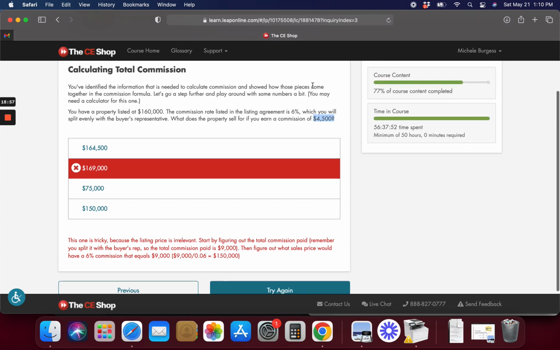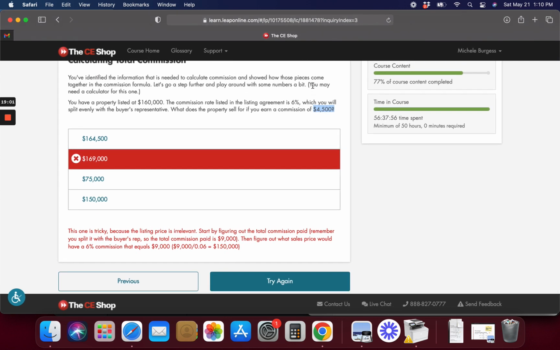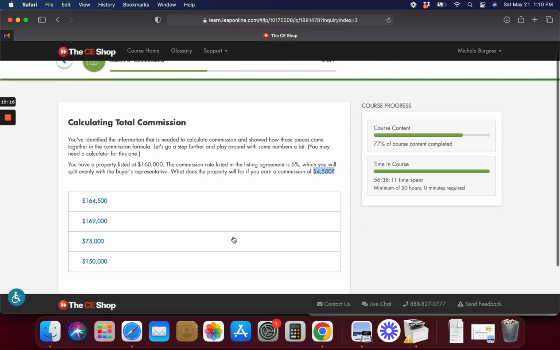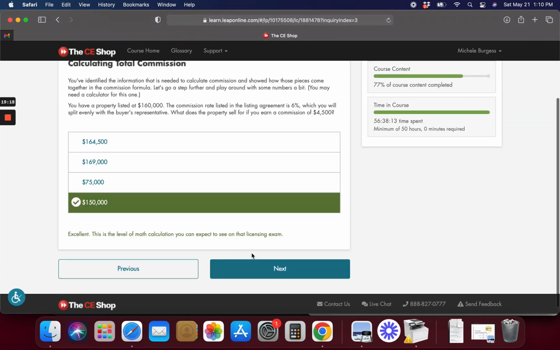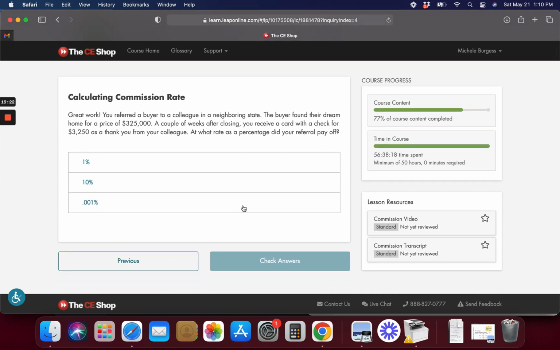And they love this stuff. Some of the math people love these type of questions. Then you would be laughing right now. Because I was like, I'm looking at the 160 and the 6%. And trying to figure this out. You can expect to see that kind of question on the exam, by the way.